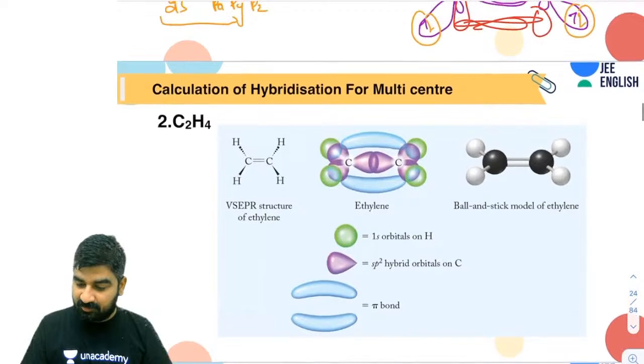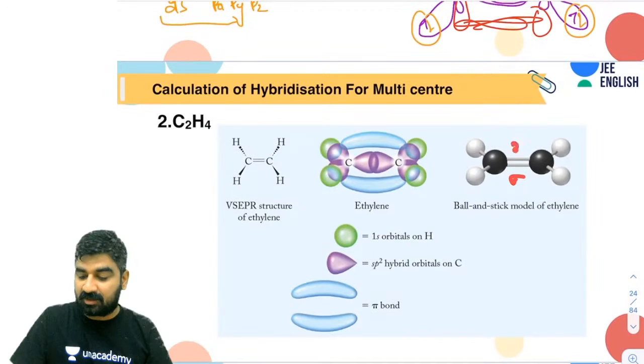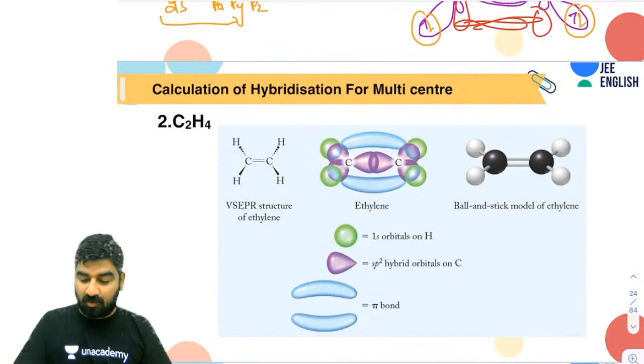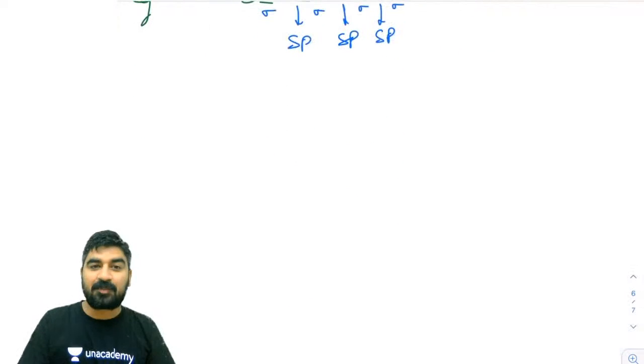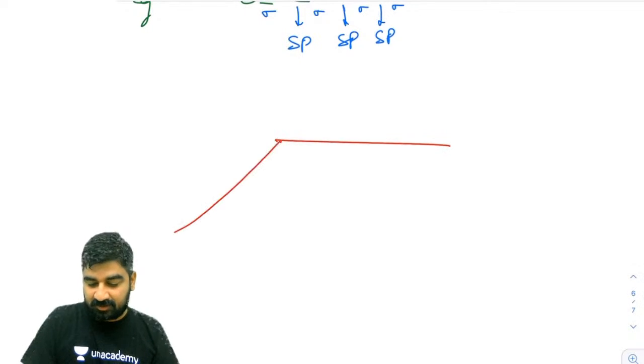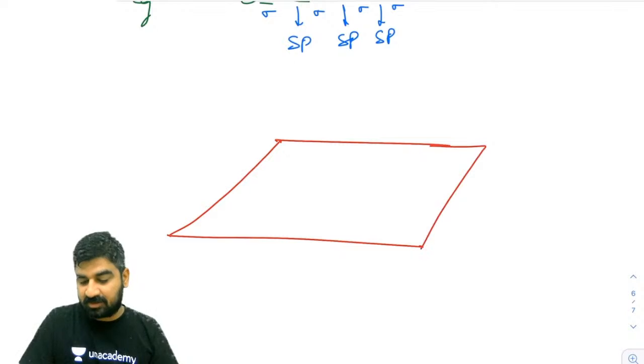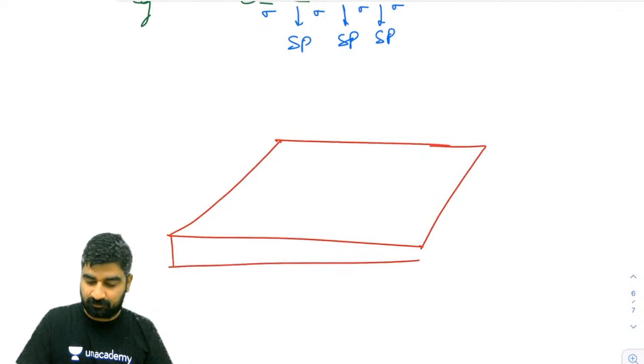Okay guys, actually from this diagram it is not clear, but this is sigma, this is pi. So now I will make one more diagram, my drawing is not that good, let me try it. So this is the plane we have.